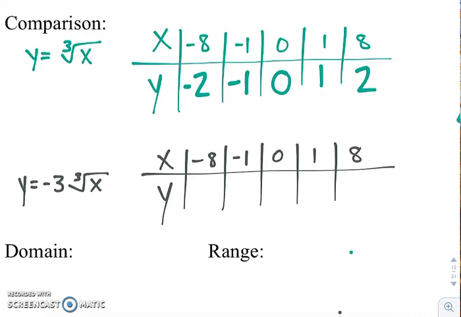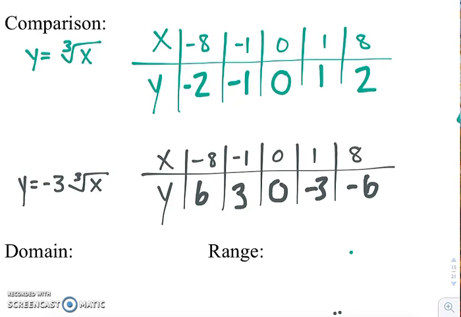So the cube root of -8 is -2, but multiplied by -3, we get 6. Cube root of -1 is -1 times -3 is positive 3. Cube root of 0, 0 times anything, that's just going to stay 0. Cube root of 1 is 1 times -3, so we get -3, and then cube root of 8 is positive 2 times -3 gets us -6.